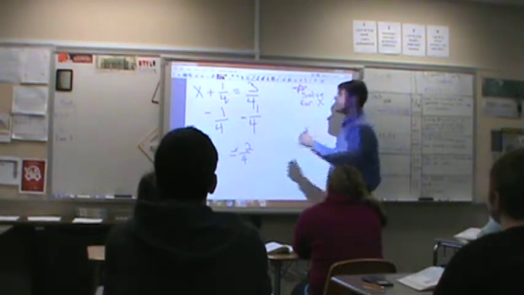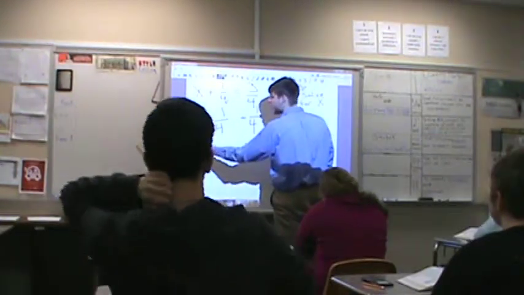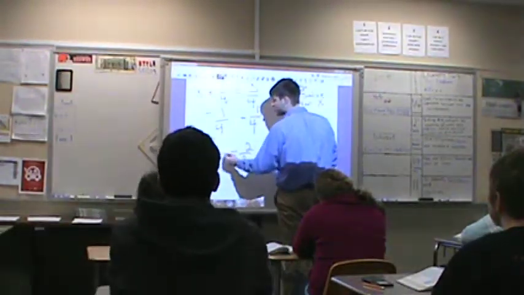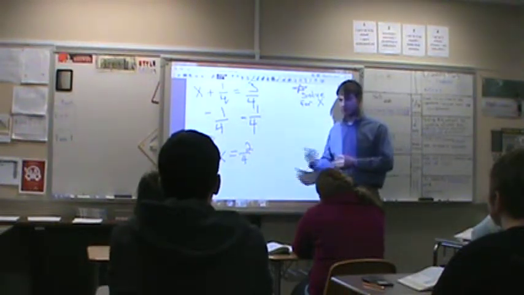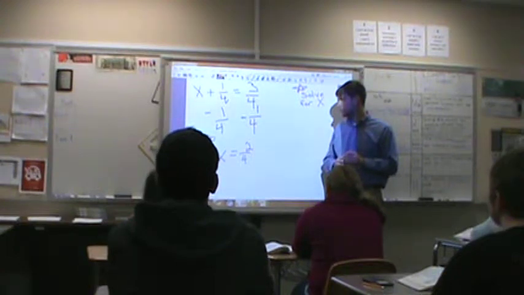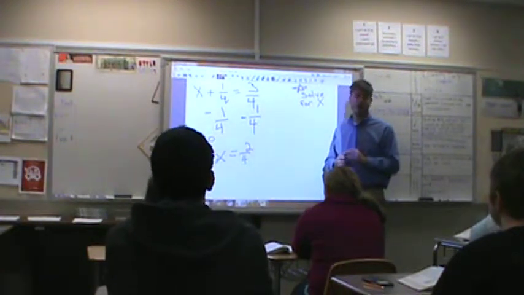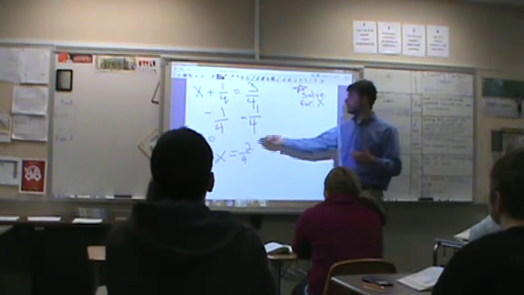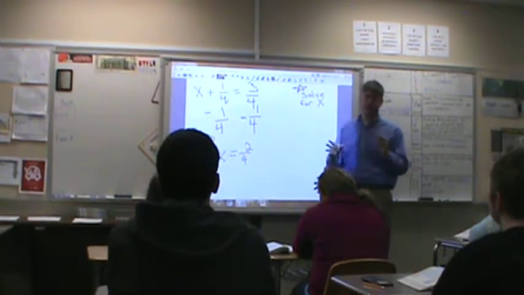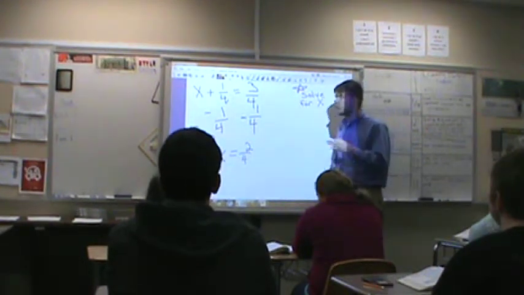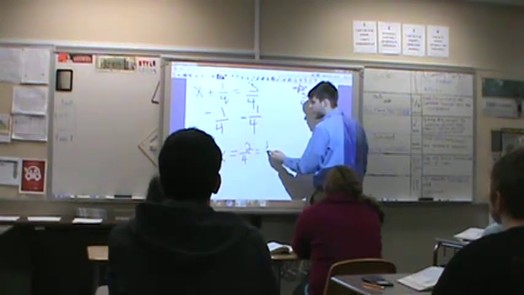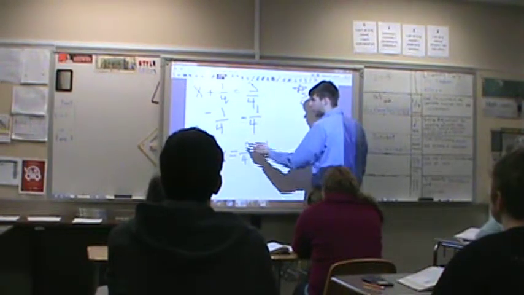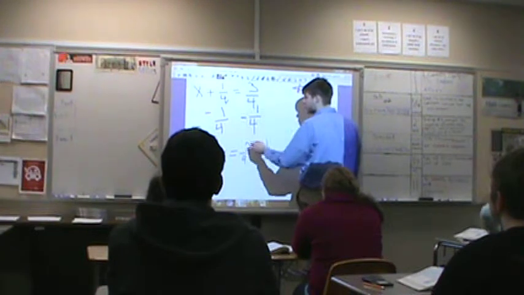So guys, because this equals 0, we don't need to have it say x plus 0. What that really means is just x equals. X equals 2/4. Perfect. Now, we don't need to reduce it because 2/4 is equal to 1/2.